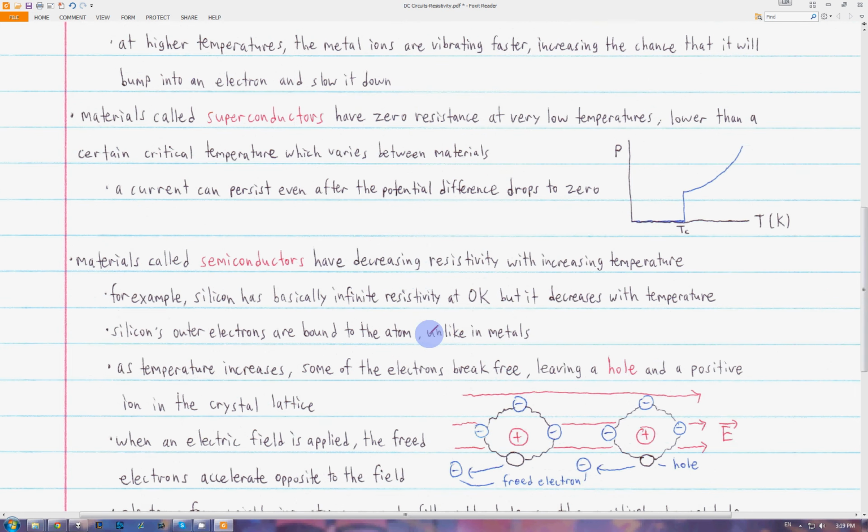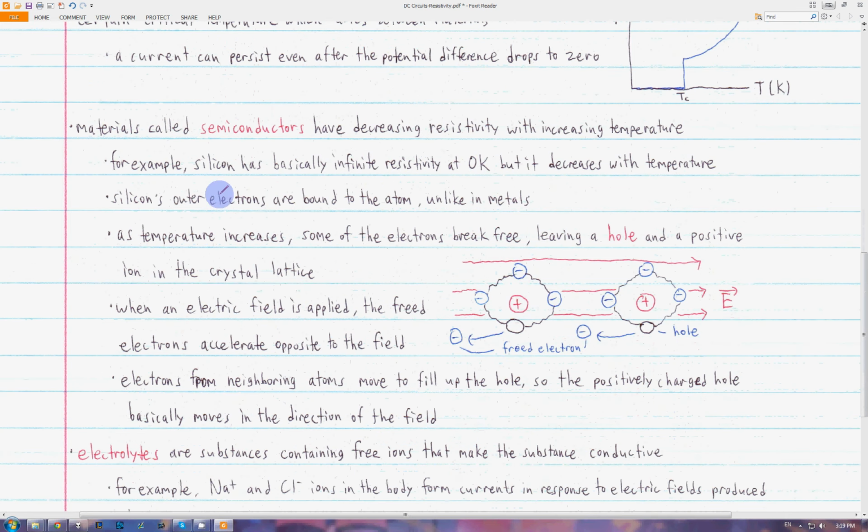And other materials called semiconductors actually have less resistivity as the temperature increases, which is opposite to a lot of materials. An example of a semiconductor is silicon. Basically this happens because in silicon the electrons are not free, such as in metals.